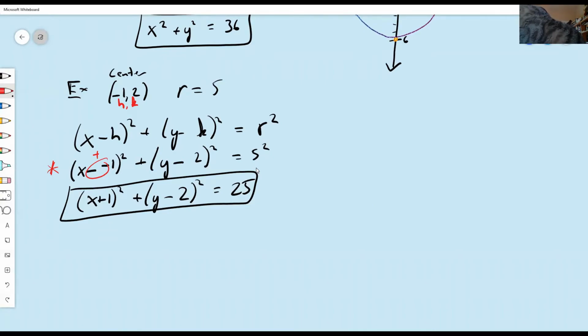Now if I want to graph it, same situation. That's not my best line. Let's try it again.